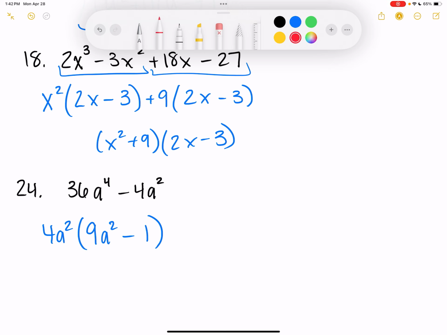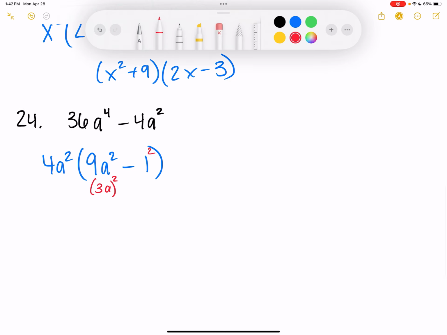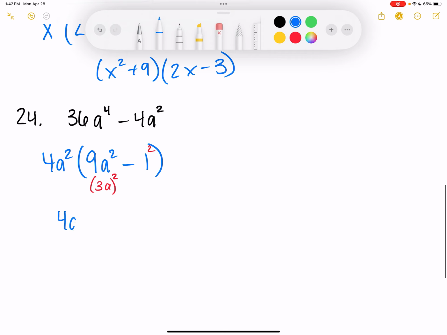Told you guys. So this would be the same as 3a squared minus 1, and 1 is obviously always squared. So I keep this 4a squared out here. Now, this is the first term plus the second term times the first term minus the second term. So this is 3a plus 1 times 3a minus 1.